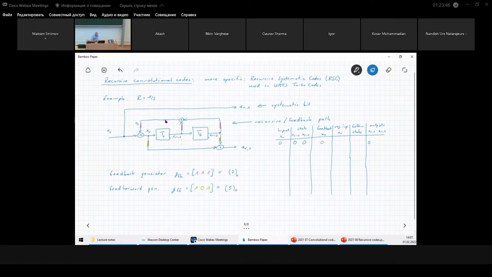The register input, 0 coming from the input, will also be 0. And think about the following state: the 0 will move over, so the following state will be 0, 0. And the second output, x(r) being 0 and x(r minus 2) being 0, meaning a(r)2 will be 0 as well.